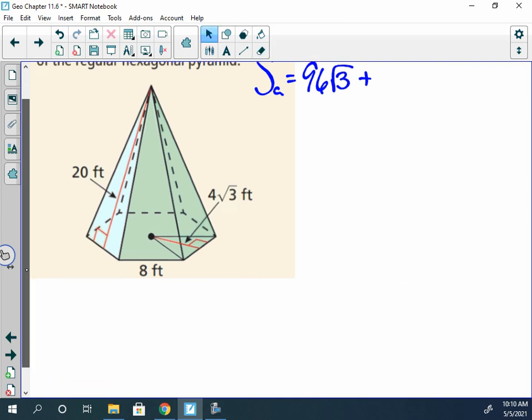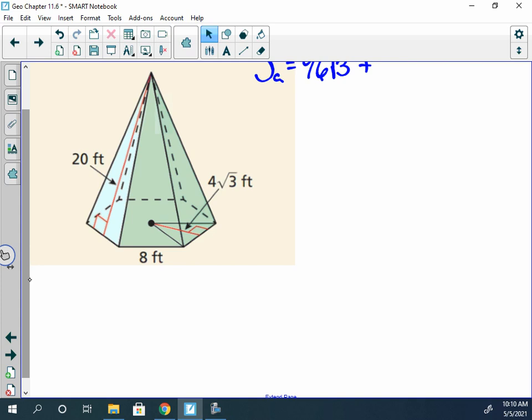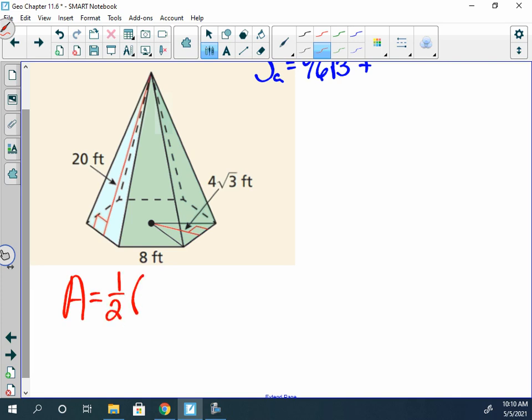Now let's find the lateral faces. Now, we're going to look at this a little bit differently because, as Reed said, we can find the area of one of the triangles, and since they're all going to be the same, we can multiply it by 6. Now, the area formula for a triangle is 1/2 the base, which is 8, times the height. The height for us is going to be our slant height because we're going up along that triangle, which would be 20.